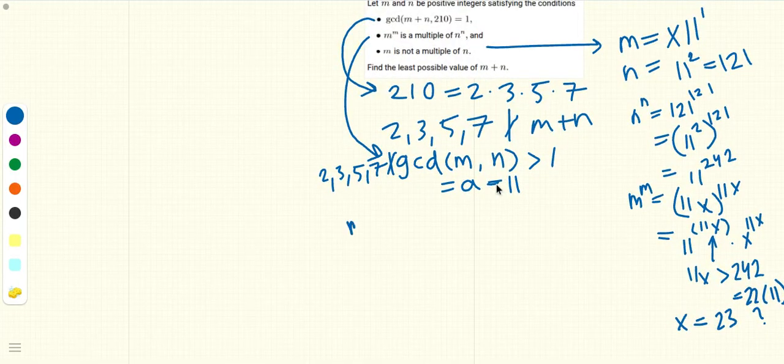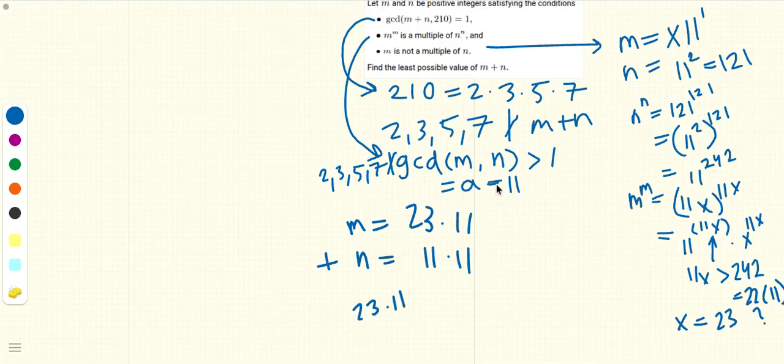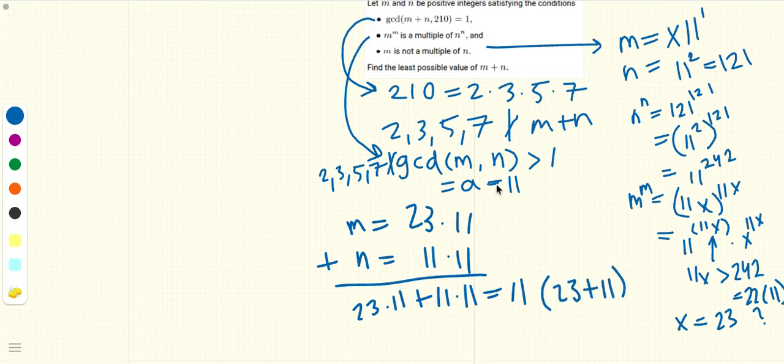We have m equals 23 times 11, and n equals 11 times 11. When you add these two together, you're going to get 23 times 11 plus 11 times 11, which factorizes to be 11 times 23 plus 11.